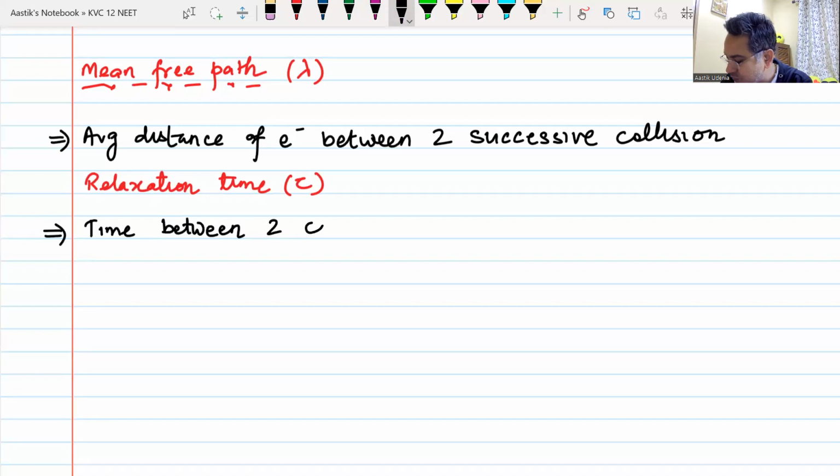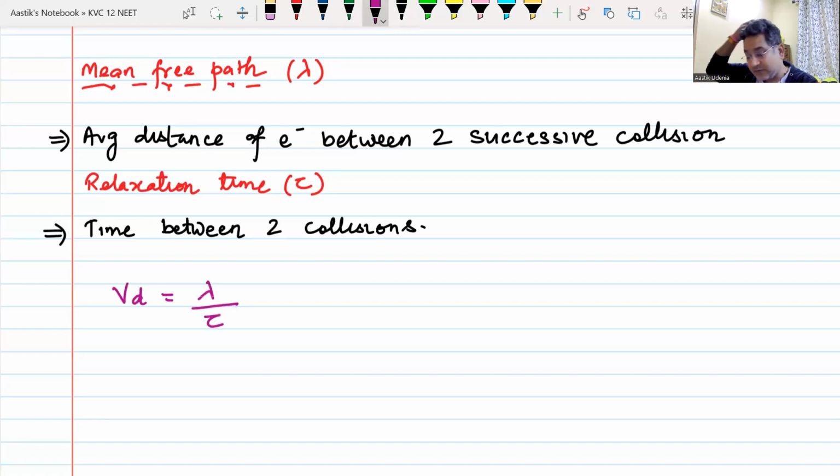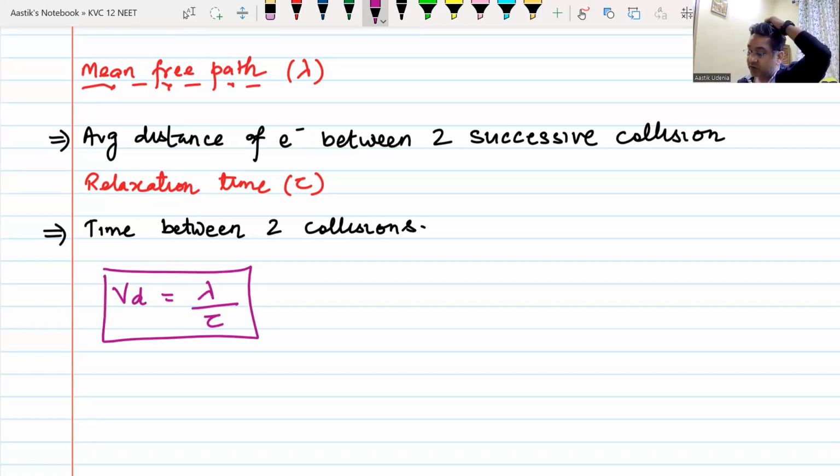Time between two collisions is known as the relaxation time, and you can relate all these three terms. You can also write drift velocity, or the velocity of these electrons, as lambda divided by tau.